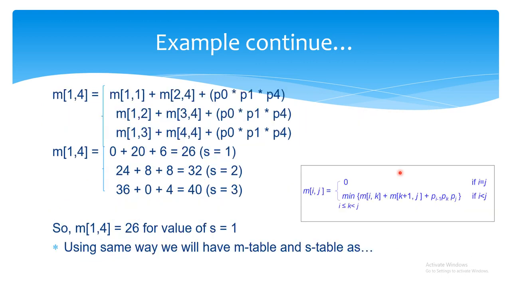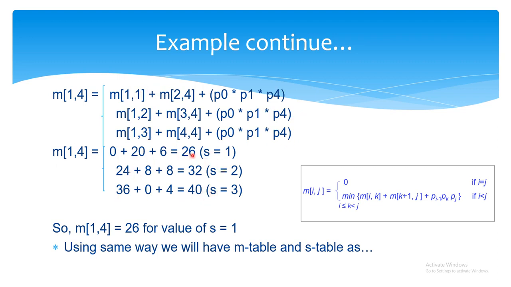Now only the last value is remaining to be calculated: M14. The difference between 1 and 4 is 3, so now you will have three equations, because 4 minus 1 is 3. So k equal to i, k equal to i plus 1, and k equal to i plus 2, and you have to calculate the value for each equation.